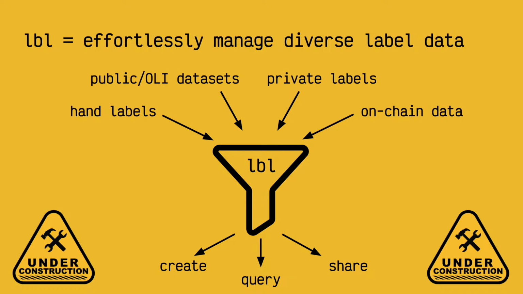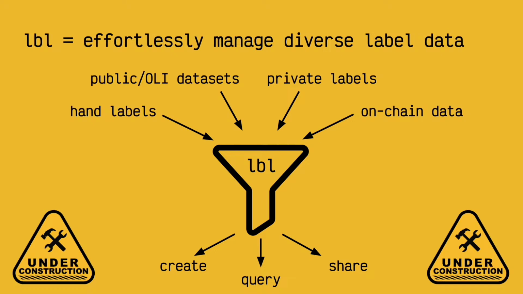And managing these labels can get extremely complicated, especially if you're dealing with lots of chains or lots of different data sources. And there are some nice projects out there for standardizing address labels, like the Open Labels Initiative, but there's still a gap in tooling. How do we actually connect the label data to the other tools in the ecosystem?